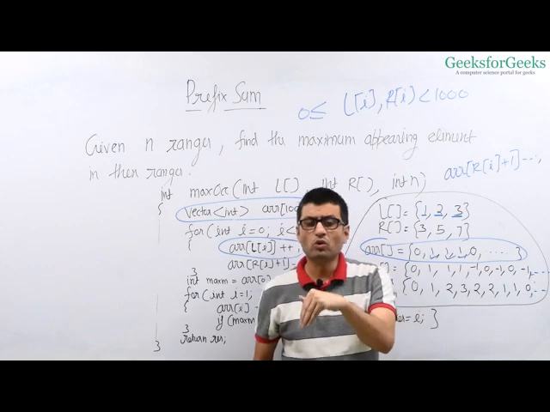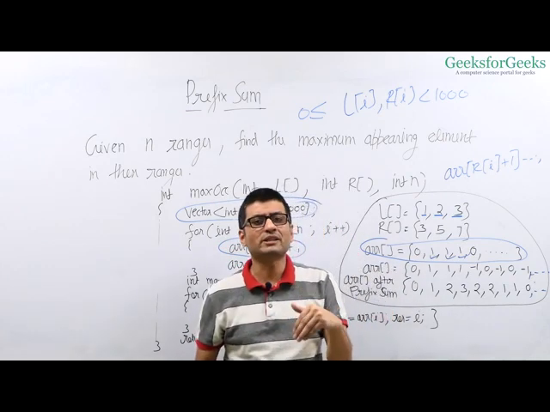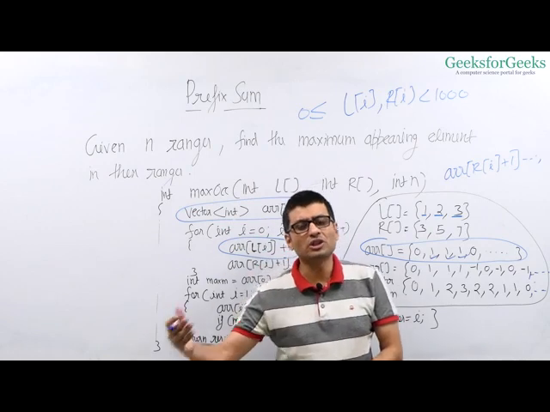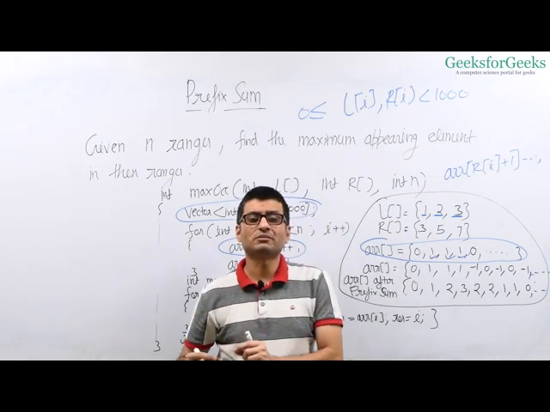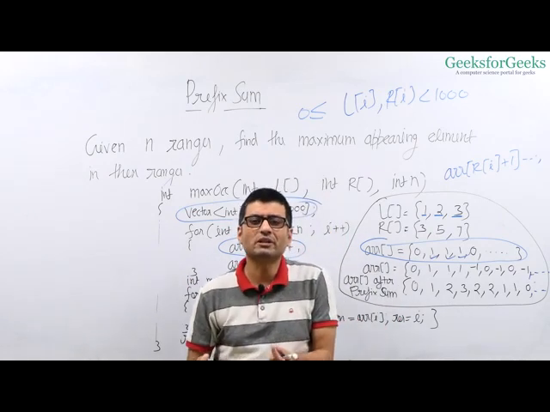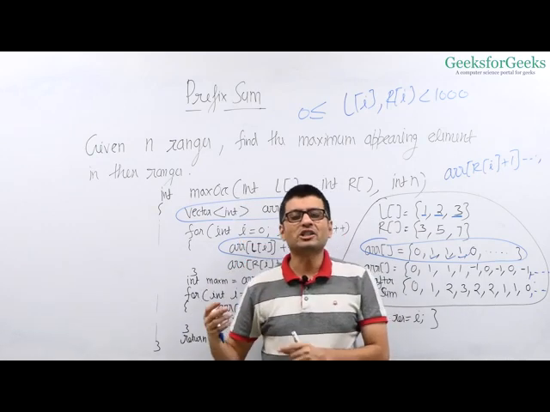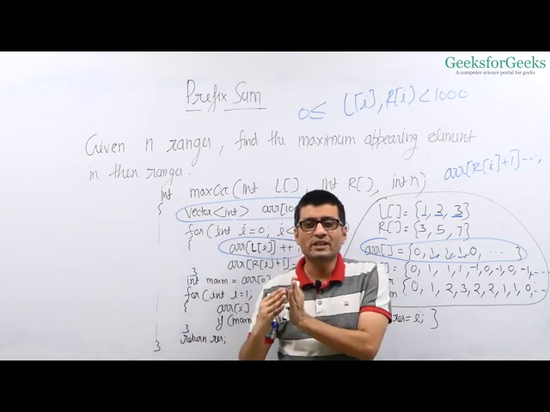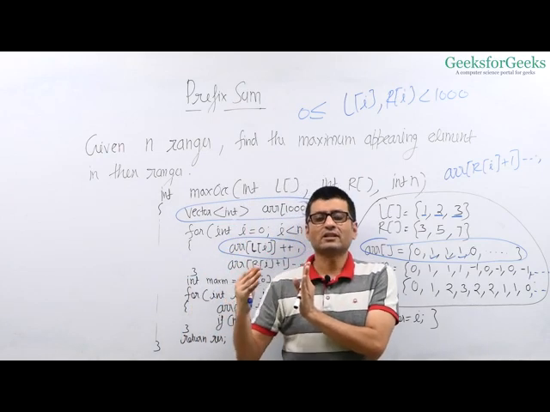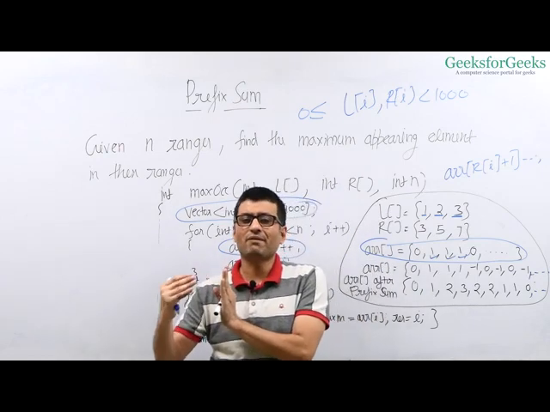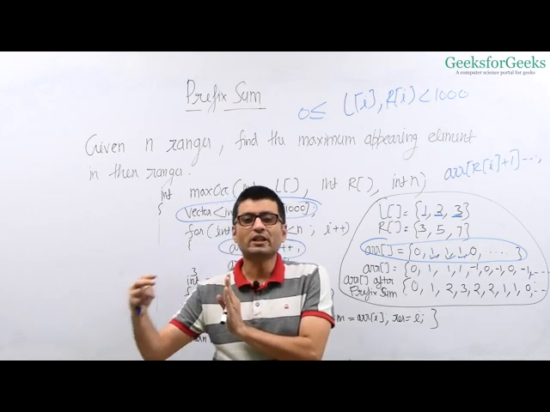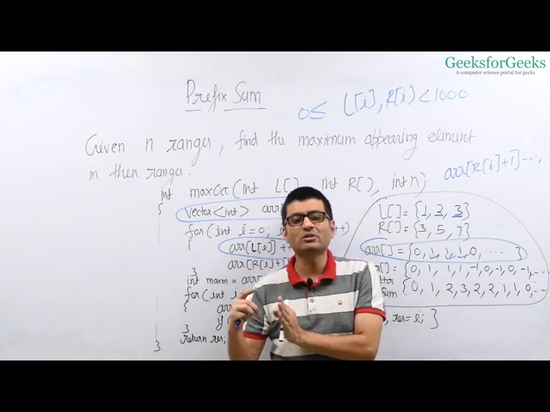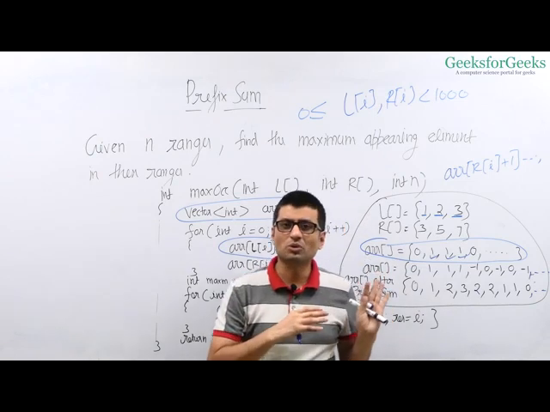Now I do not want this increment to happen for elements after 3. So if there is a range 1, 2, 3, the values from 1 to 3 should only be incremented by 1. Their frequency should be incremented by 1. That is why I decrease the value at ri plus 1, right? So that elements after the end of this range have the value 1 subtracted. That is how I nullify the impact of incrementing the value when I do the prefix sum.